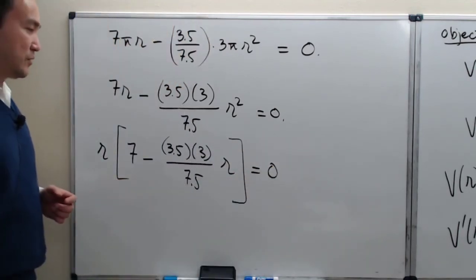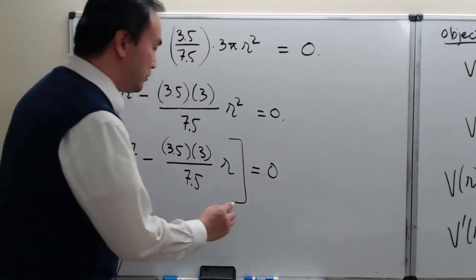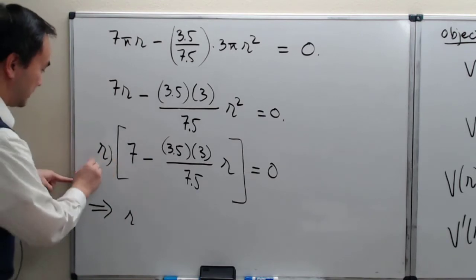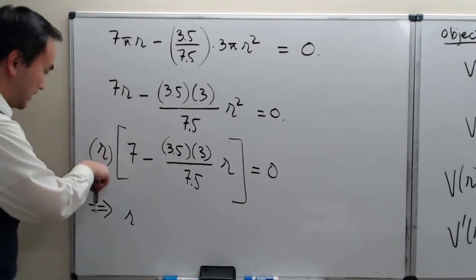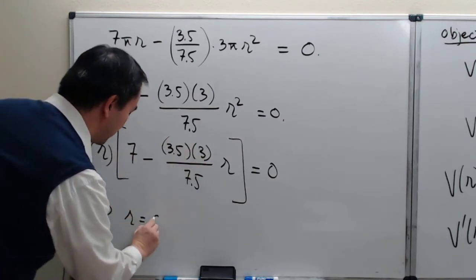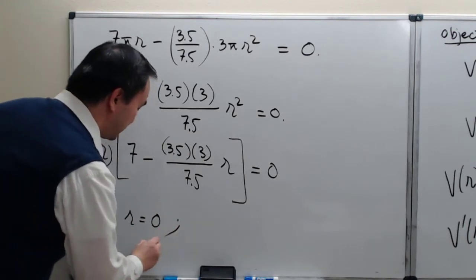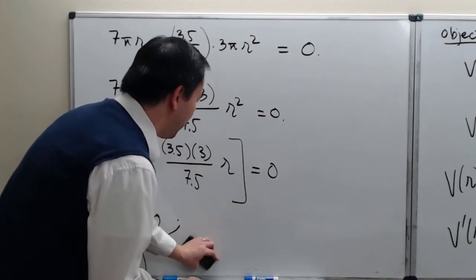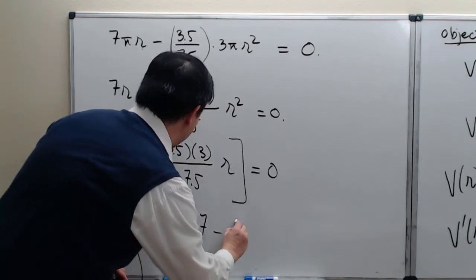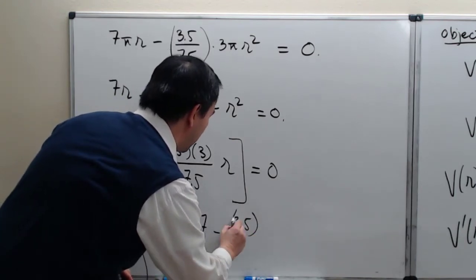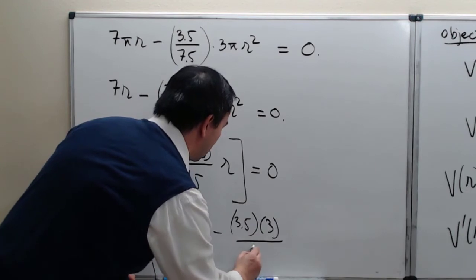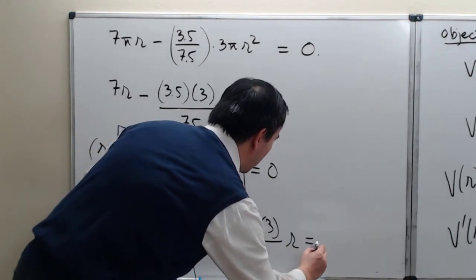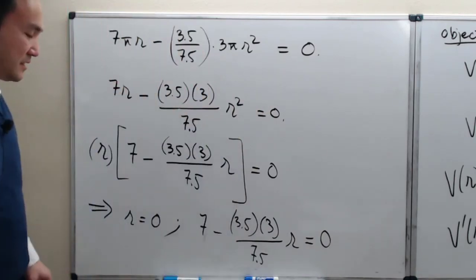And that means we can easily come up with two solutions. One of them is r equals 0, since that factor in the entire product will become 0. The other comes from setting 7 minus 3.5 times 3 over 7.5 r equal to 0.